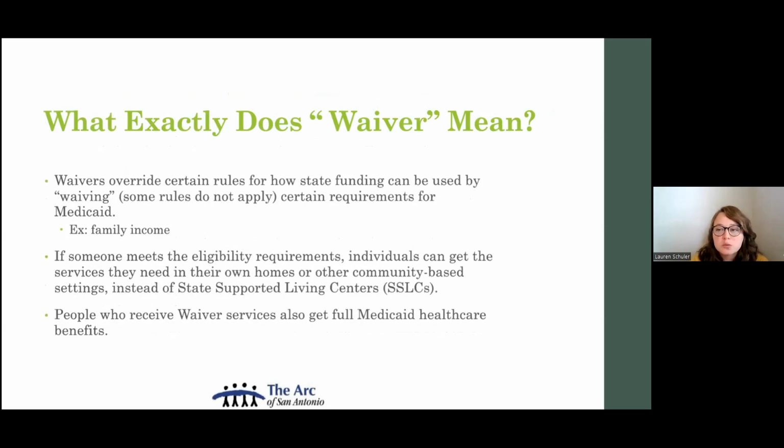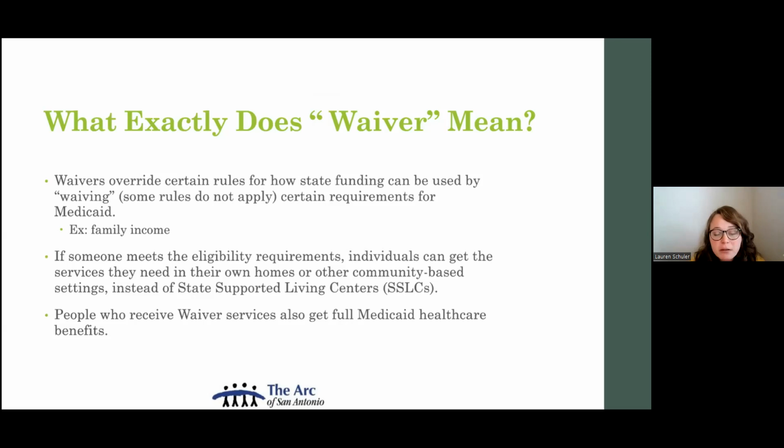So what exactly does waiver mean? It overrides certain rules for how state funding can be used by waiving requirements for Medicaid. Most regularly, that's going to be family income, because typically family income is the determining factor in receiving Medicaid or not, whereas these waiver funding opportunities do not look at family income most of the time.